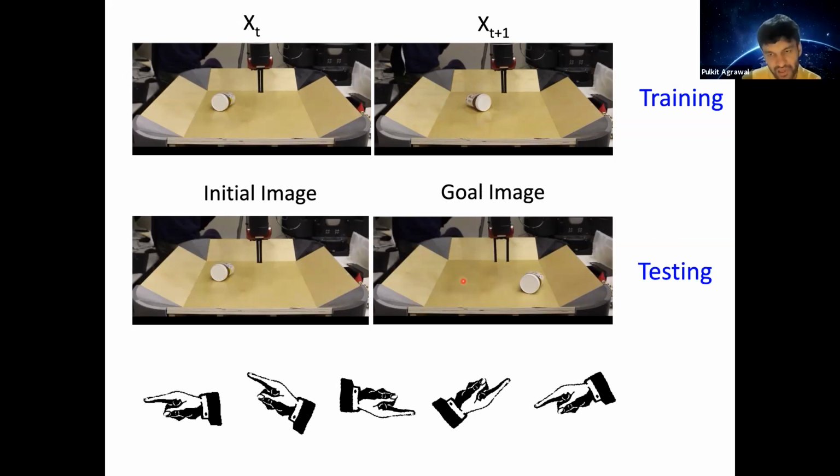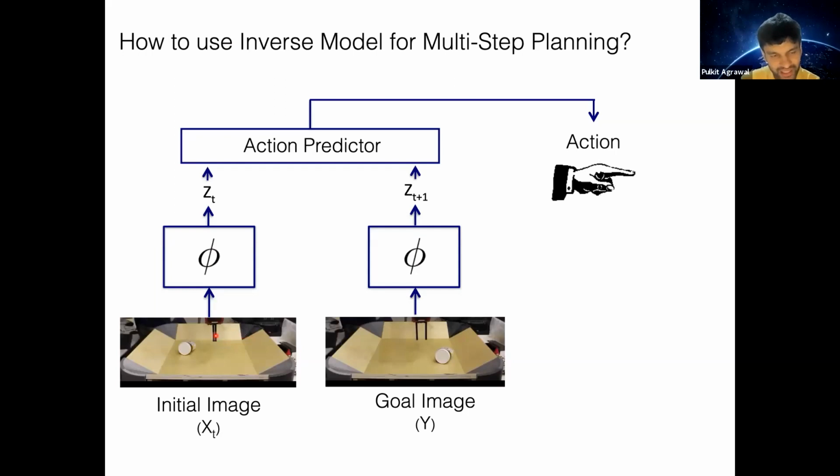We're going to start with a very simple strategy and then build on to more and more complex strategies. The simplest strategy is to take my initial image and my goal image, not worry that the goal image is out of distribution, and just predict the action and execute it.